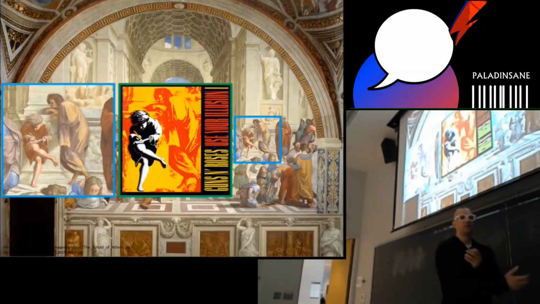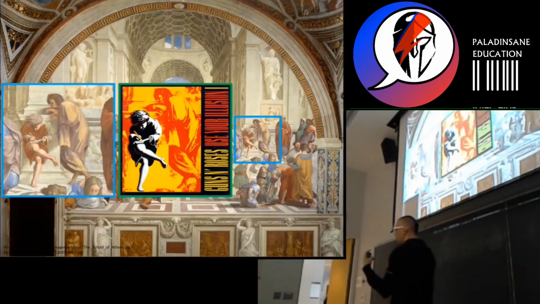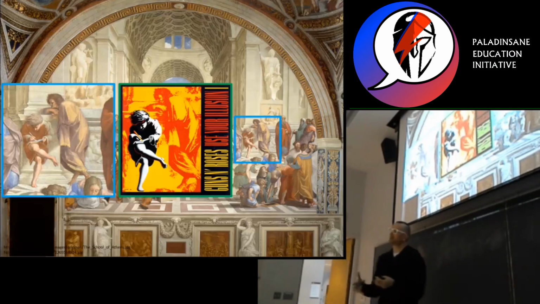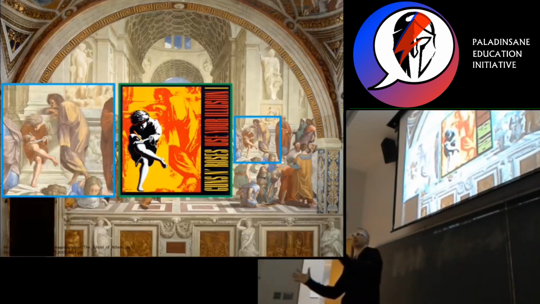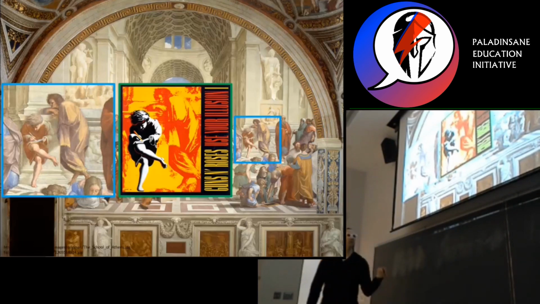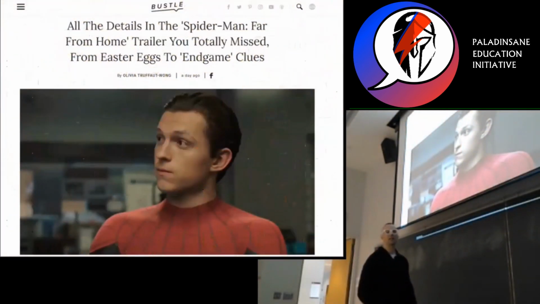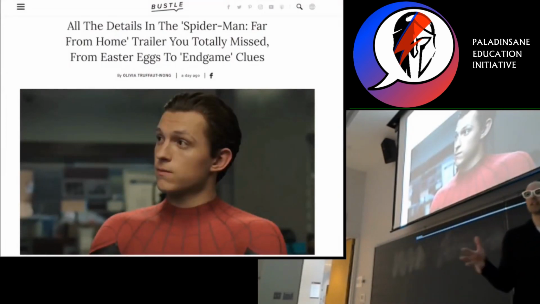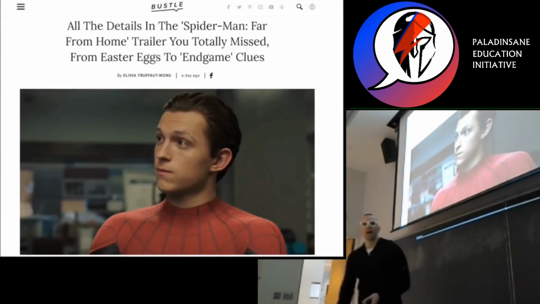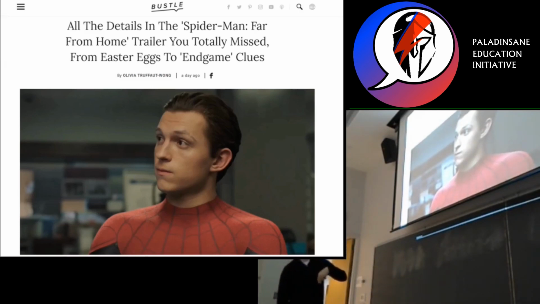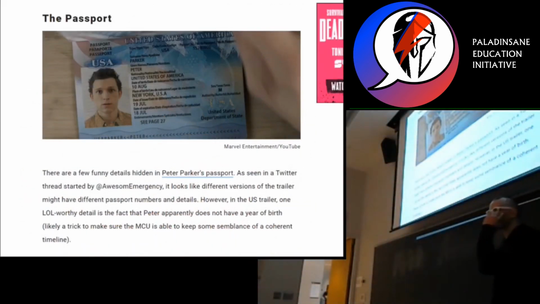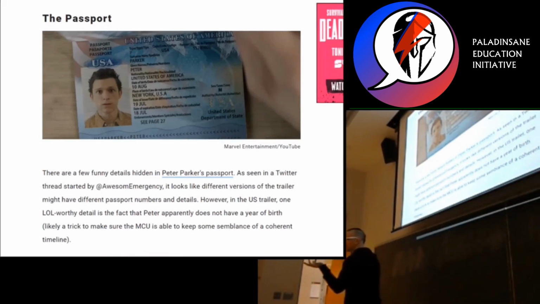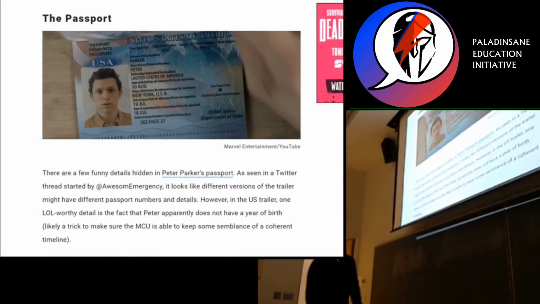Attention is something that people will spend a lot of time devoting their cognitive powers to. So if you're a fan of science fiction, comic book type movies, you have no doubt seen endless articles and videos about Easter eggs in your favorite movies. And one in Spider-Man: Far From Home that was pointed out was the fact that in Peter Parker's passport, which is shown for all of, I believe, 4 seconds in the movie, his birth year is not given.